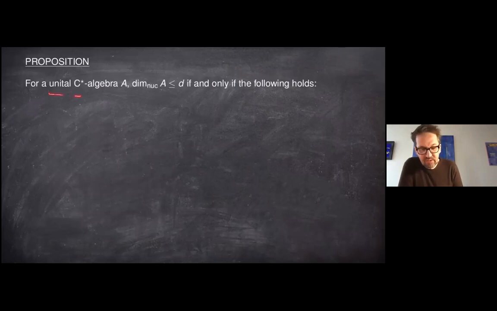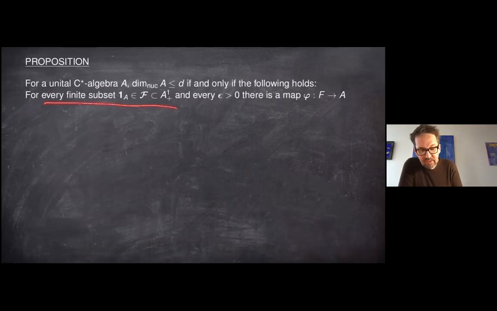Suppose A is a unital C-star algebra. Then the nuclear dimension of A is at most d if and only if the following holds. For every finite subset curly F, which contains the unit of A, and we can assume F to be in the unit ball of the positive elements, and for every tolerance epsilon, there's a map phi from F to A, where F is a finite dimensional C-star algebra.